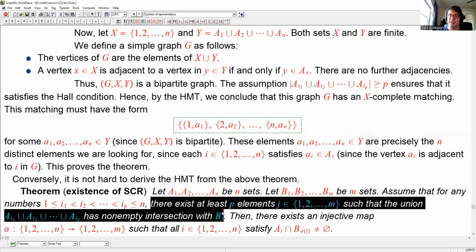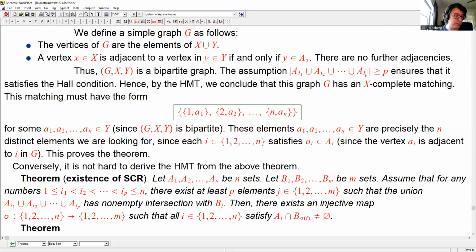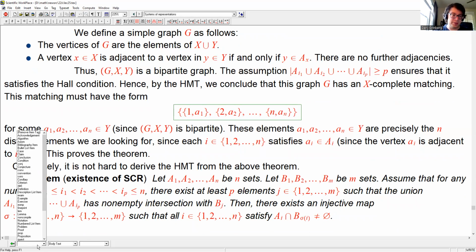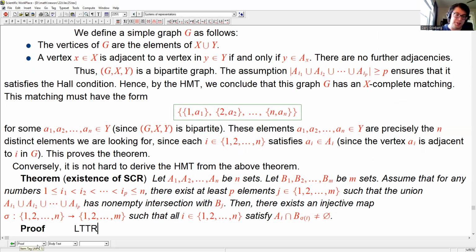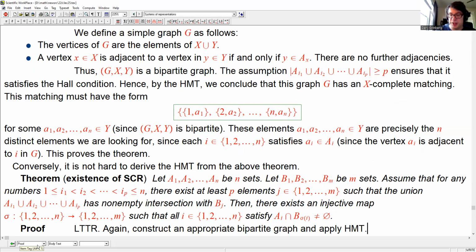The interesting part is that it's sufficient. Okay, and the proof I'm leaving to you. Again, construct an appropriate bipartite graph and apply Hall's marriage theorem. So much for these set theoretical versions.